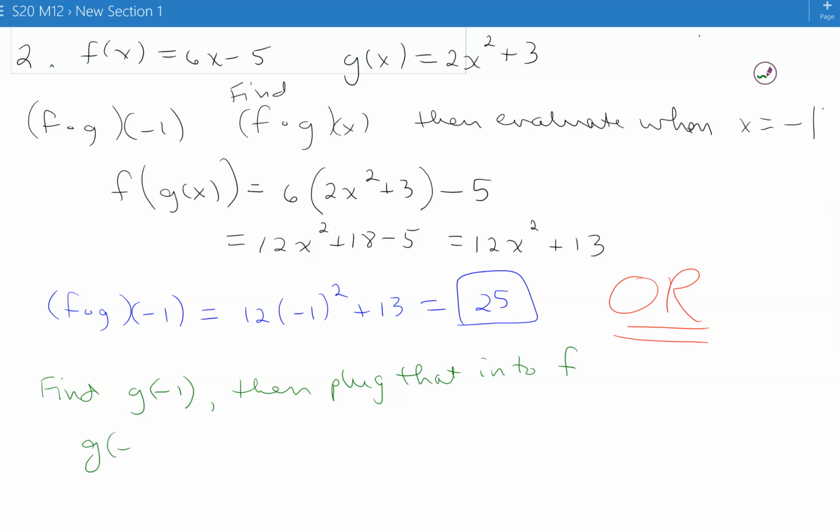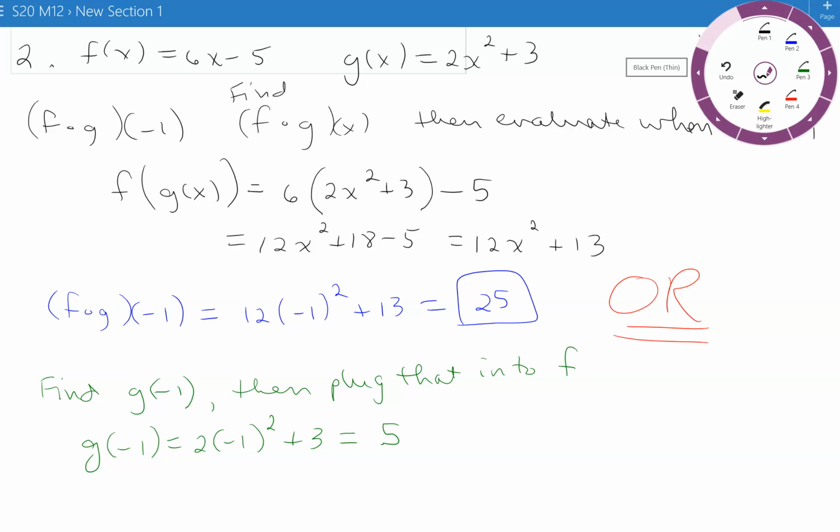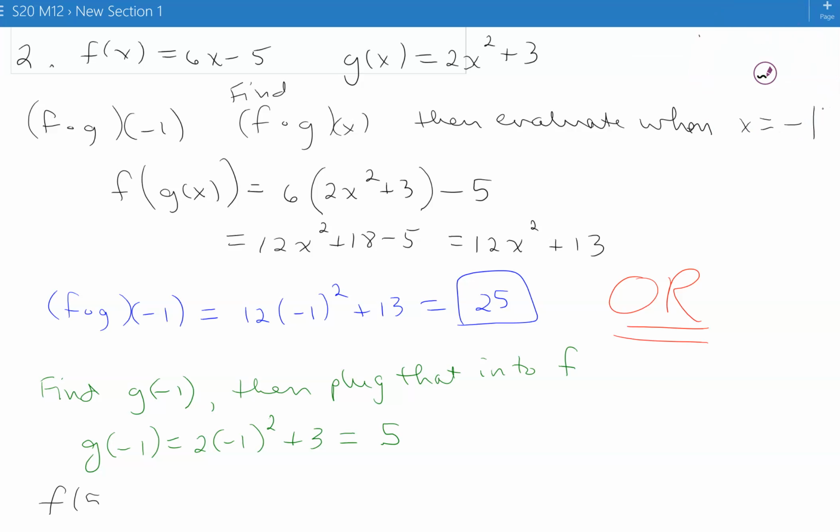So if I find g of -1, that says put -1 into the g function. So that's going to be 5. And then f of 5 is 6 times 5 minus 5. So either way, we get the same number, 25.